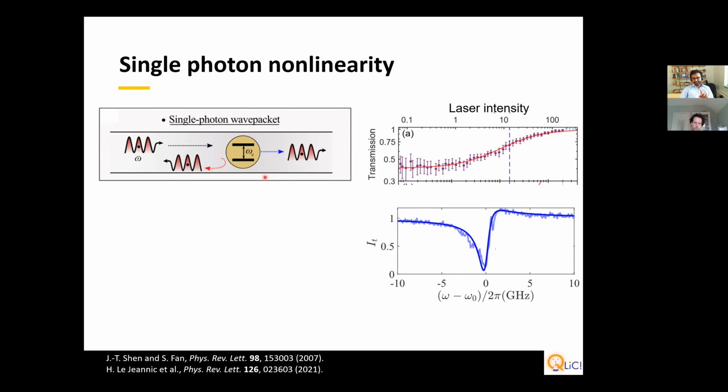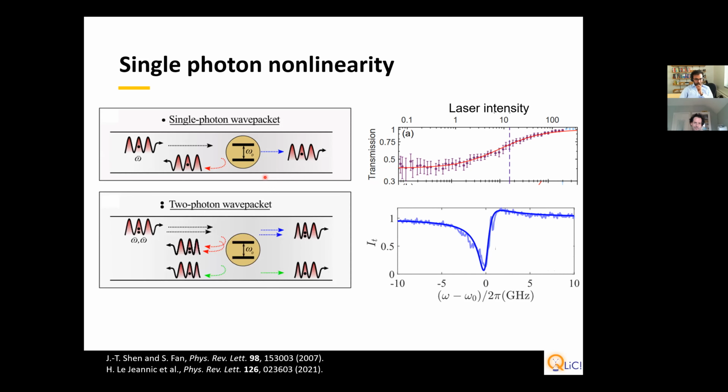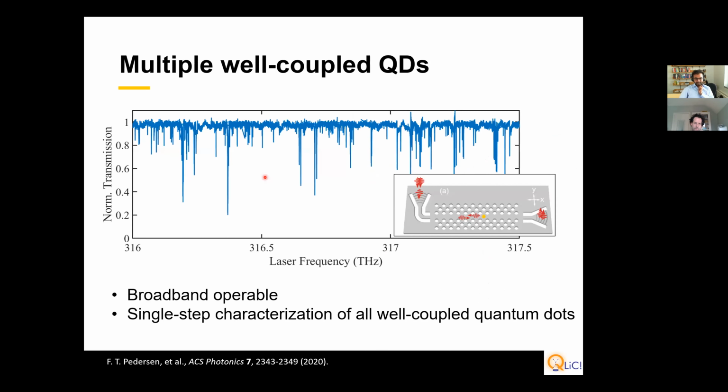Now, this is a feature I just wanted to draw attention to, because this is something that we use to find the quantum dots. How do I locate all these quantum dots that are coupled to this waveguide, because it's a big device, big by 20 micron device? So what we do is we shine laser into one side of the waveguide and collect light at the other side and just scan the frequency.